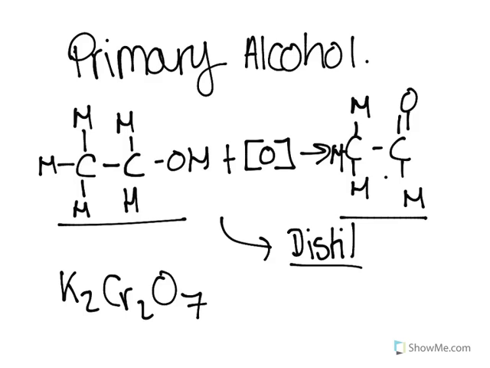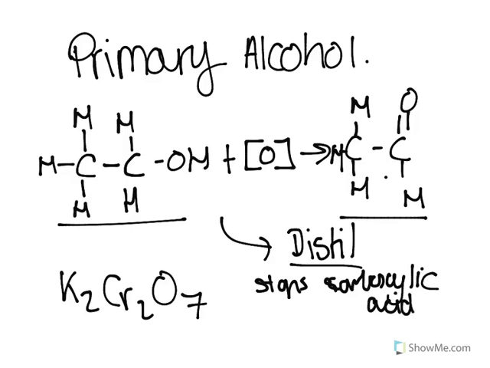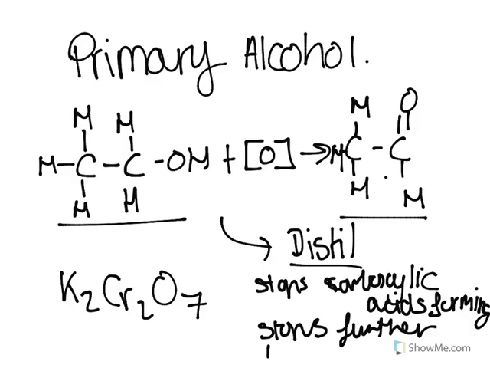Distillation stops the carboxylic acids forming, and it stops further reaction with the oxidizing agent. And you know it's gone to completion when the dichromate turns from orange to green.